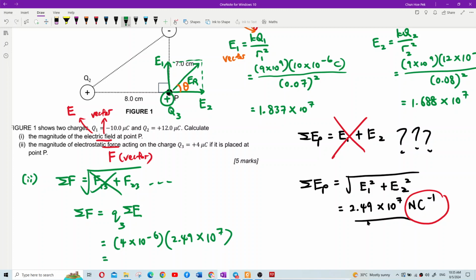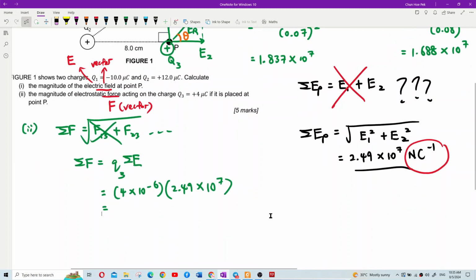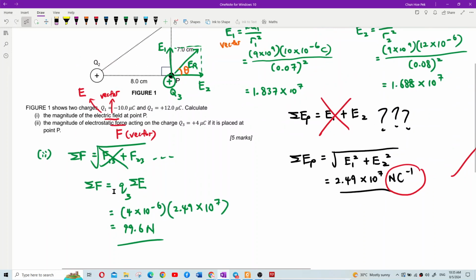So what do you get? You should get around 99.6 Newton. Straight away multiply the charge.